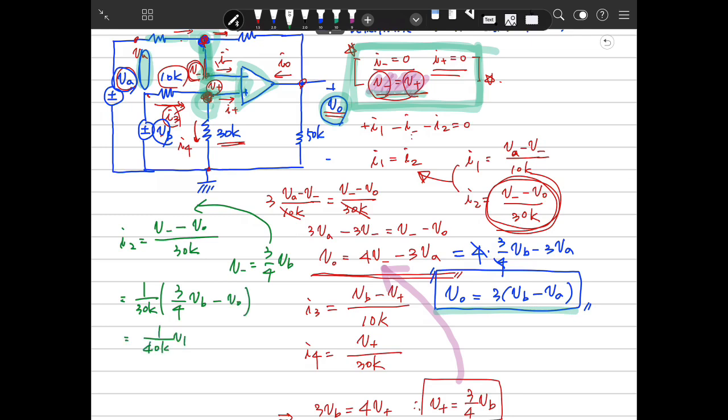There will be 40 kilo VB minus 30 kilo VO. That is I2. Then what is that value? Because this current, we define this as I5. I5 is V out over 40 kilo, and 40 kilo V out was 30 VB minus 33 VA.